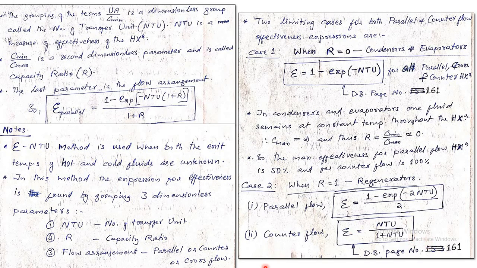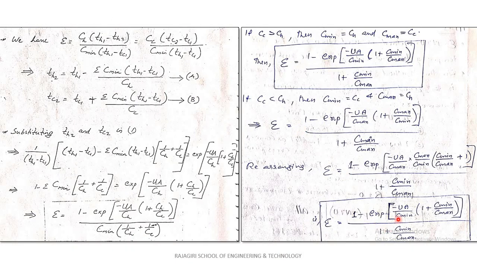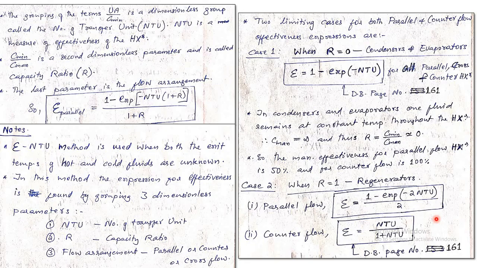Here the term UA by C minimum is the NTU, and the term C minimum by C max is called the capacity ratio R. The NTU is actually a measure, not of effectiveness, but of the area, or size, of the heat exchanger.